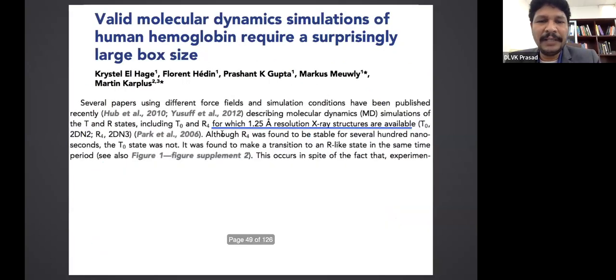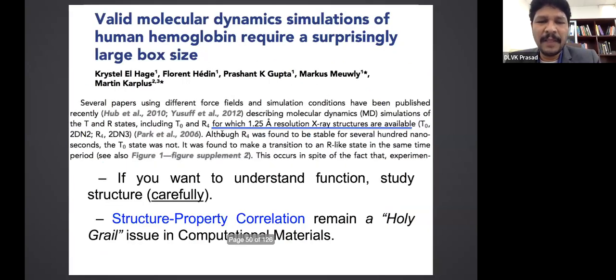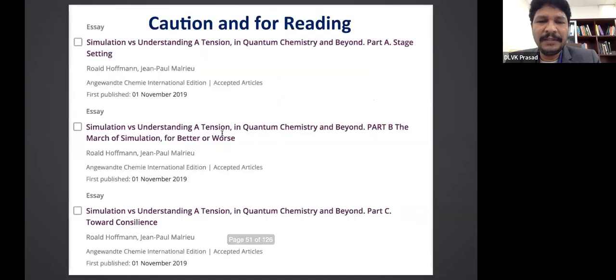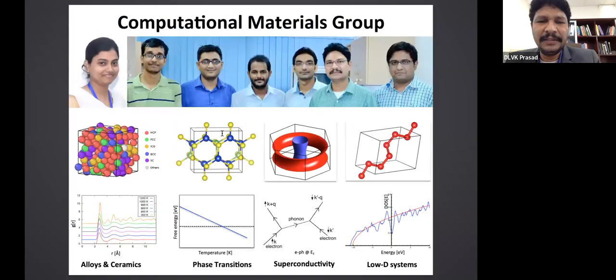So I stop at this stage. With that, I think I have taken enough time to cover a bit of fundamental quantum mechanics or quantum theory to some of its applications through In-Silico.